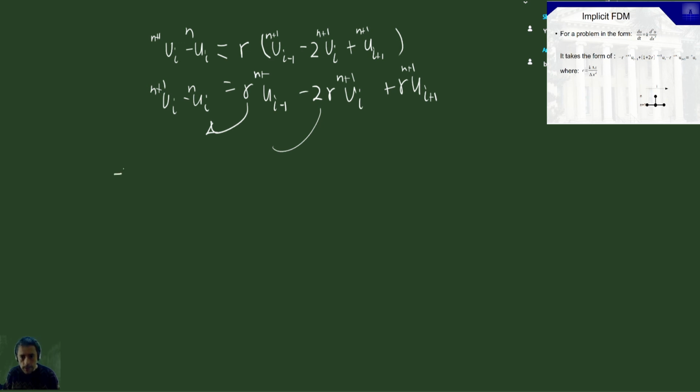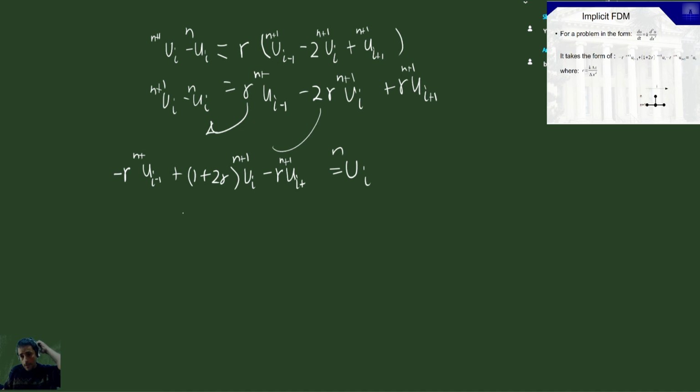So I have minus r times ui minus 1 at n plus 1 plus 1 plus 2r ui at time n plus 1 minus r ui plus 1 at time n plus 1 is equal to the known value ui at time n.